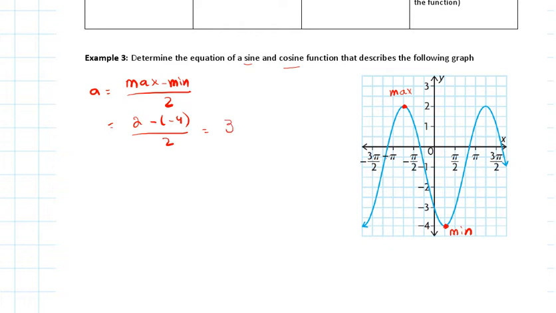All right, now to find K, remember that K relates to the period. The easiest way to find the period is to start from a max and go to a max, if both are visible. In this case, this is the period here.